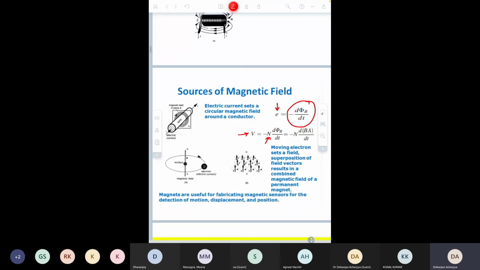So here you can see that the induced voltage can be measured in terms of B, the magnetic field, A, the area, and many more. So if you want to measure, for example, a magnetic particle in your process flow, you can measure this by using these inductive type sensors.